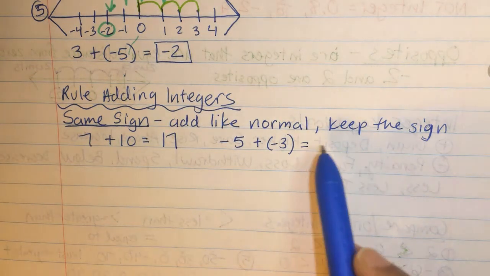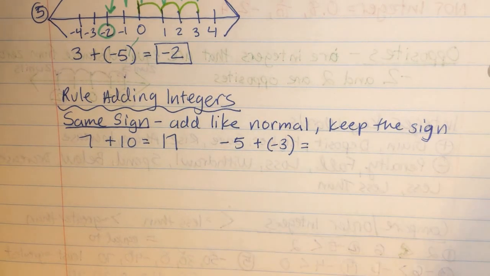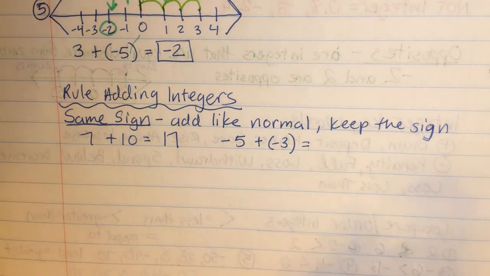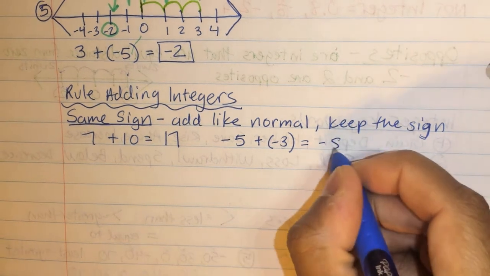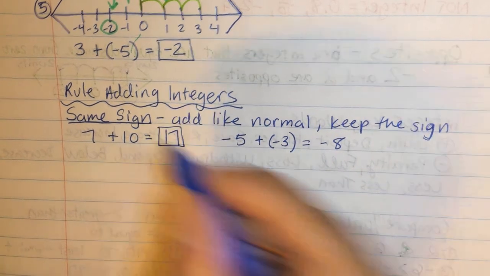And my rule says to keep the sign. So if these are both negative, and I want to keep the sign in my answer, what do you think my answer would be? -8. Yeah, perfect.